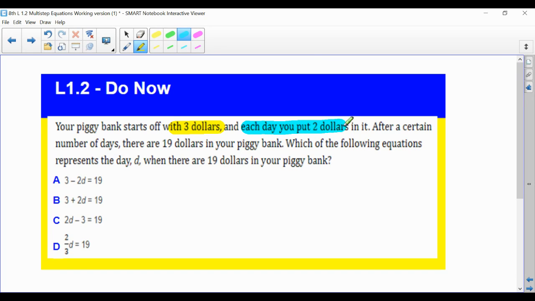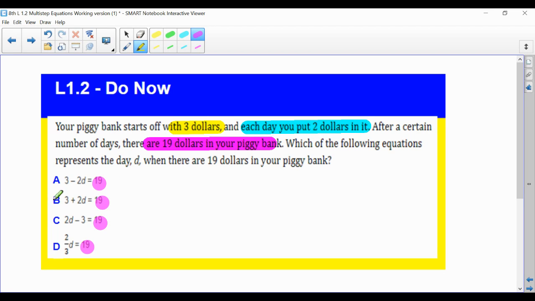Each day you put $2 in it. So you're adding $2. So you have 3 plus 2 with a variable. At the end of the day, there's $19 in your piggy bank. So we're all going to equal 19. We said that 2 is attached to the variable. It's each day. And then we're starting off with 3 as our constant.